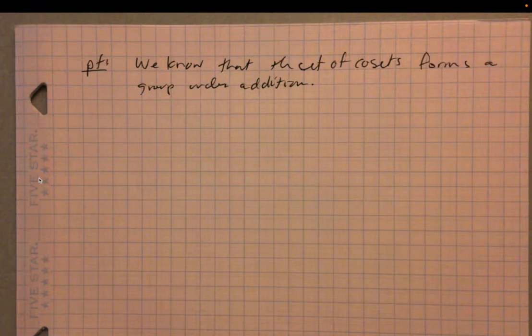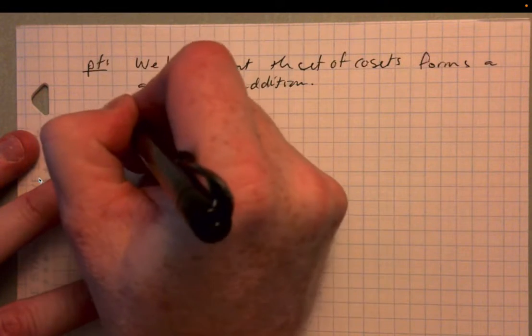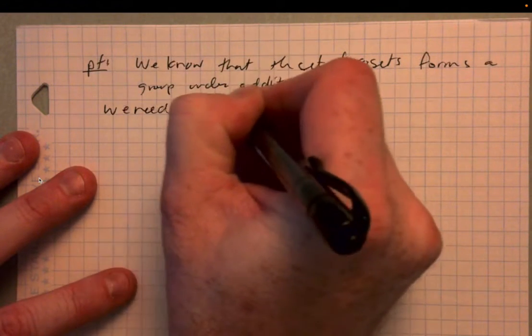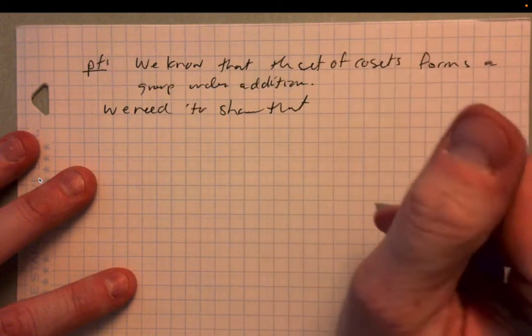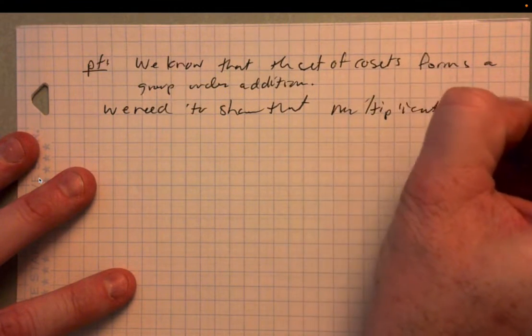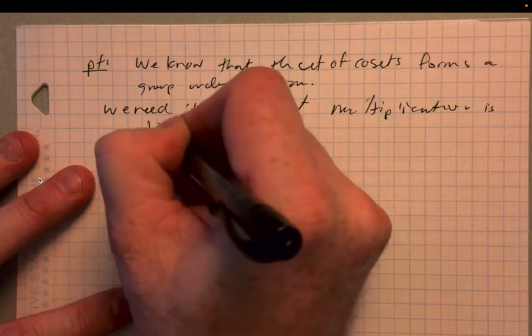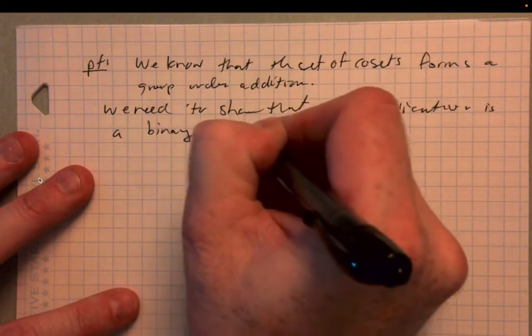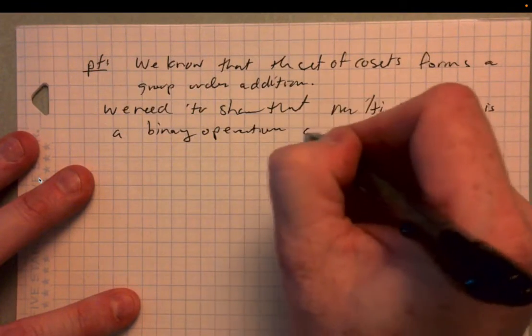Once we show that multiplication, so defined, is indeed a binary operation on the cosets, then we need only show that it is associative and distributive over addition. So we need to show that multiplication is a binary operation on the cosets.